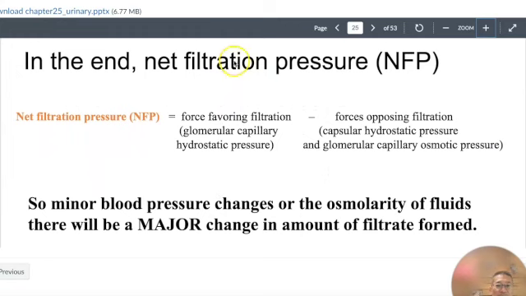So net filtration pressure is the force favoring filtration, the glomerular capillary hydrostatic pressure, whatever is pushing through, minus the force opposing filtration. Then that would be whatever is filtered out.